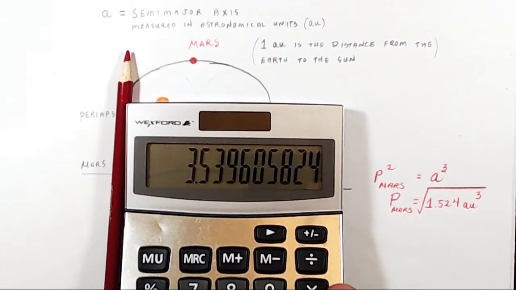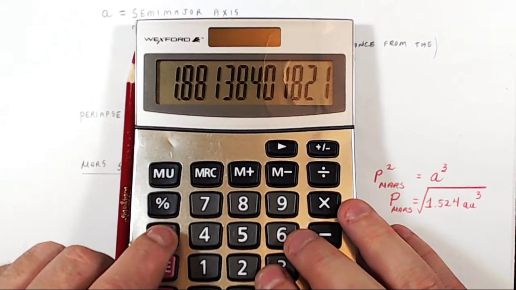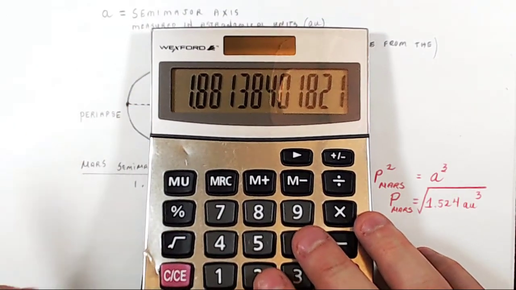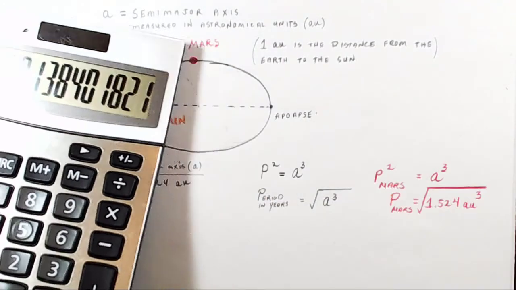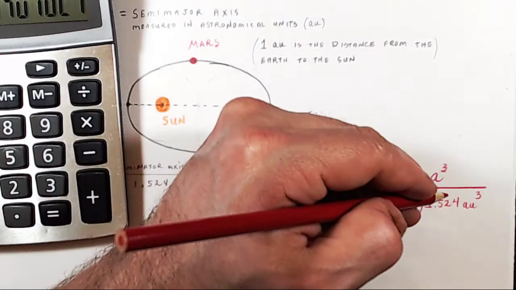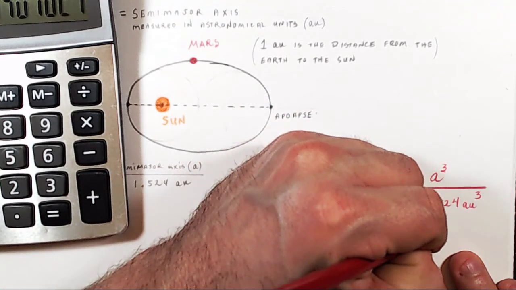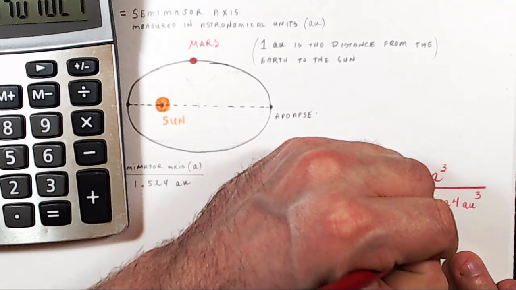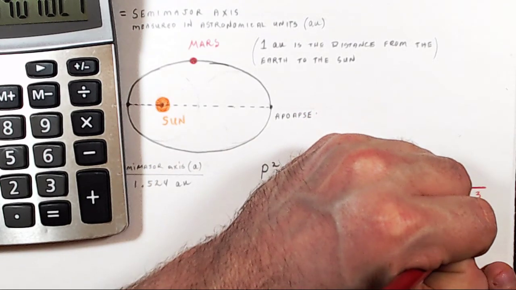So if I want to find the square root of that, I just hit my square root function, and I find that the period in years for Mars is equal to 1.88 years.